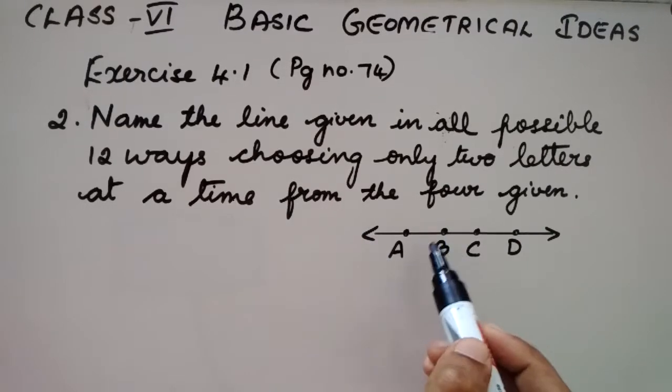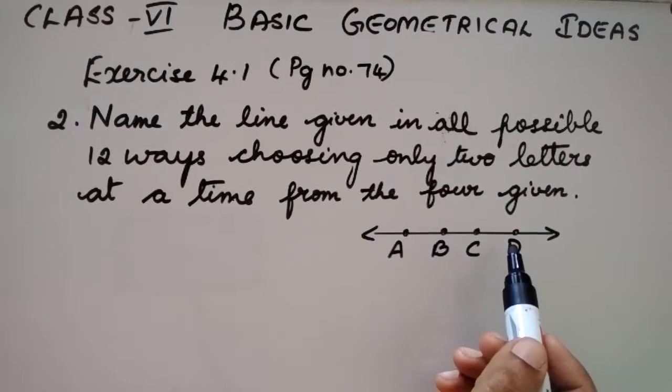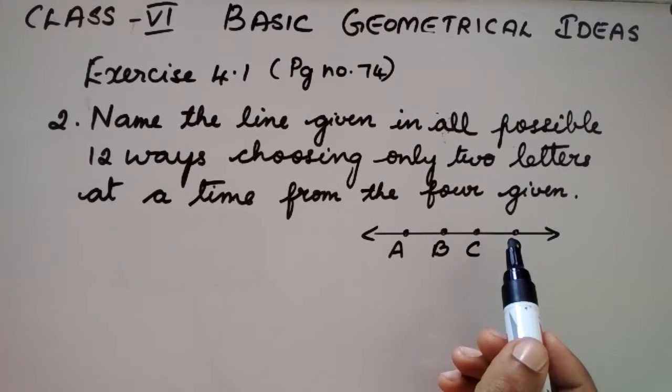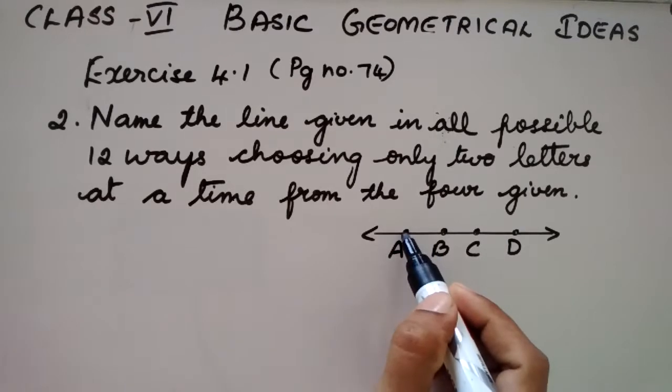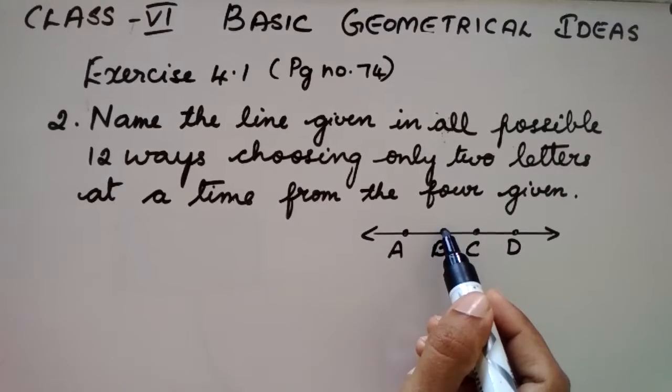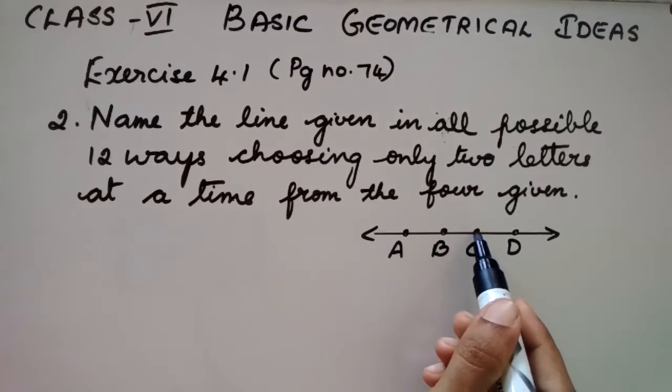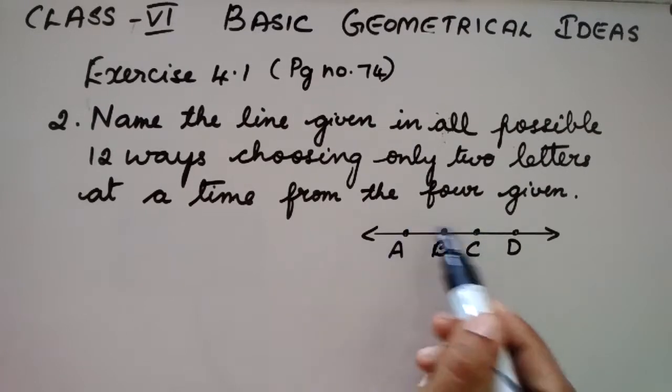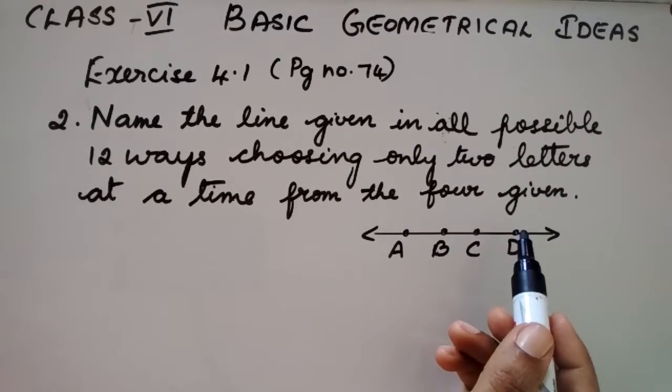All possible 12 ways means 12 lines are possible. For example, now A to B. Next we have A to C. Next we have A to D and so on.